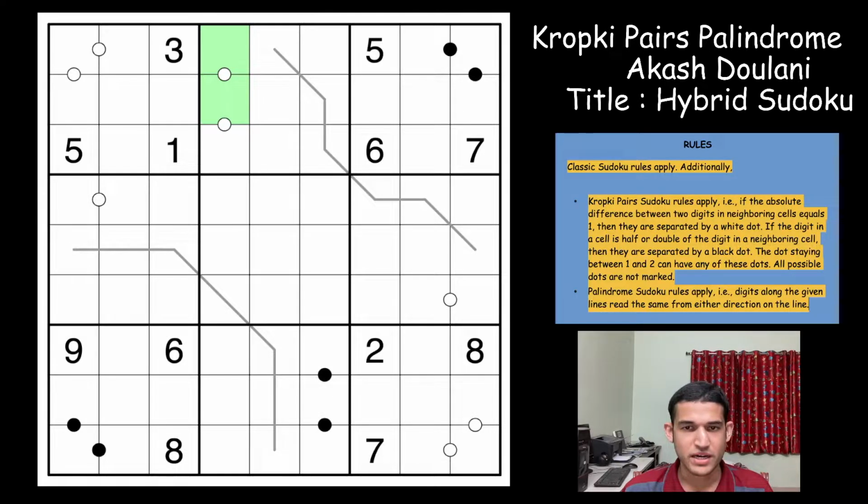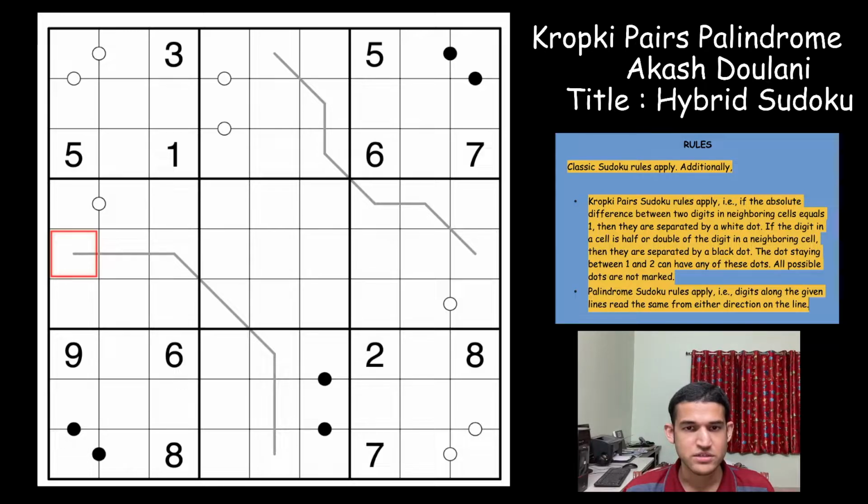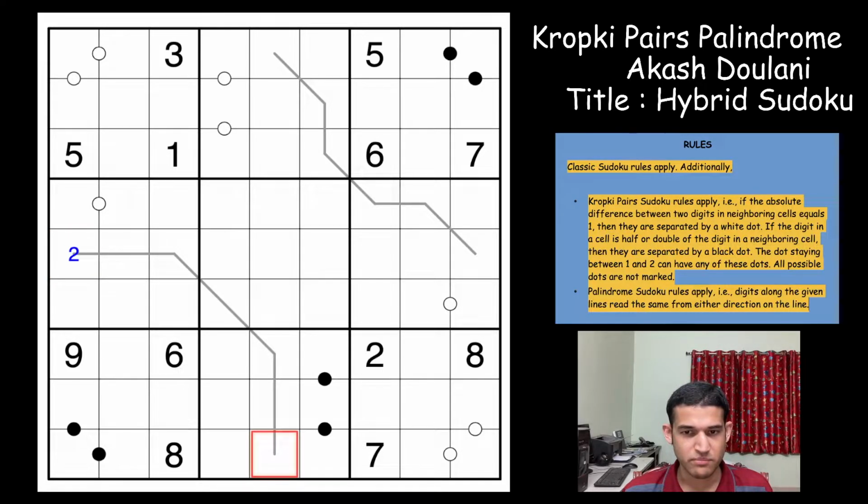And the final part of the hybrid Sudoku is these lines, palindrome lines. So let me go to writing a number there. Okay, there is a slight change in the window size. I'll just change it back. Okay, fine. So if I have, let's say, a 2 here, then this end of the palindrome, the exact opposite end, must also have a 2.